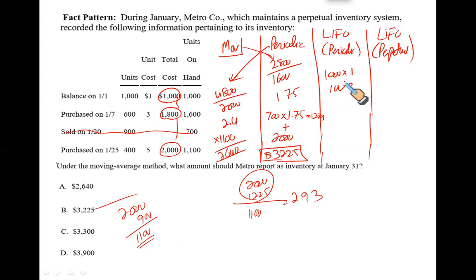Now look at this. The value under periodic LIFO is just 1,300. Look at this, Subhan. 1,100 units not to be valued at 3. We just have 1,000 units at the rate of 1, and the remaining 100 units to be valued at the rate of 3, which means 1,300. So this is LIFO periodic.